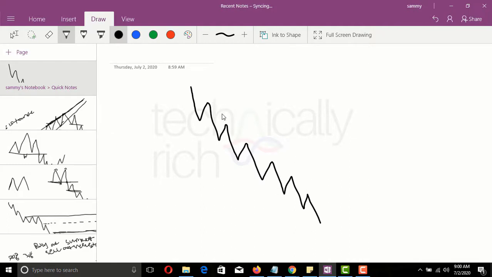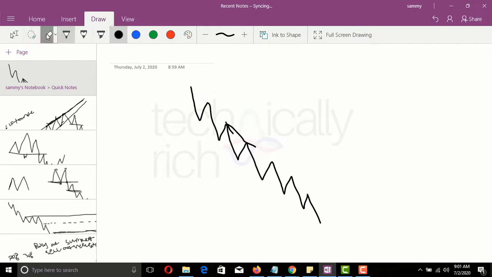Now here's how you do it. Let's say I'm seeing a possible connection from right here. Now remember what I mentioned: never force a trend line.